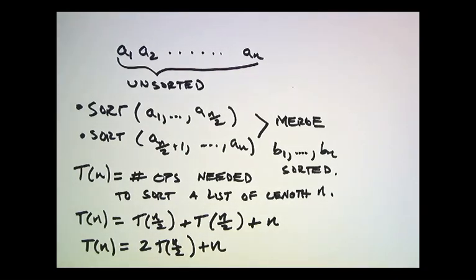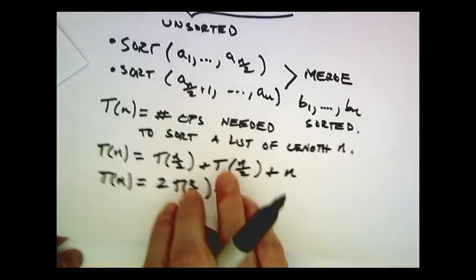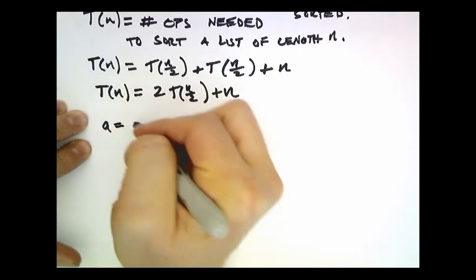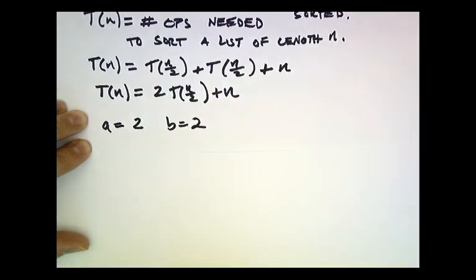Well, now we're in great shape because we have a recurrence. We want to get a big O estimate on T of n, so we can use the Master Theorem. What does the Master Theorem say in this particular situation? What is A, B, C, and D? A is 2. B is also 2.